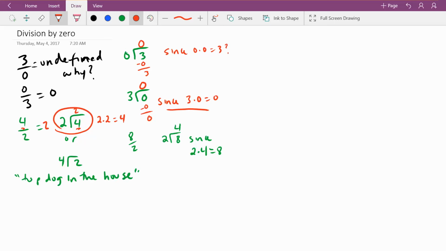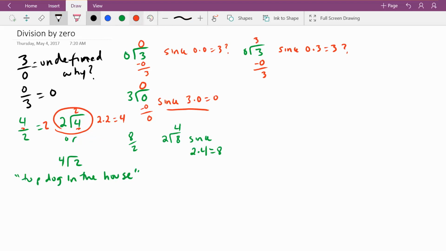But that's not true. 0 times 0 is not 3. There's nothing I could find here to make it work. So you thought, alright, 3. But 0 times 3 is 0. I still have a remainder of 3, and then I would say 0 times 3 is 3, but no, that's not true.